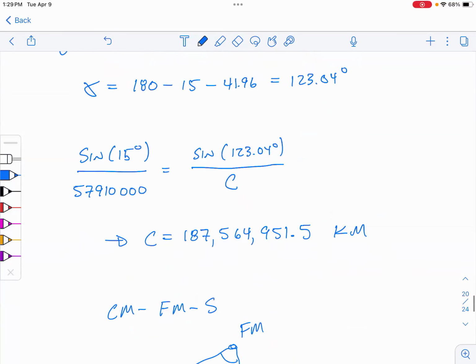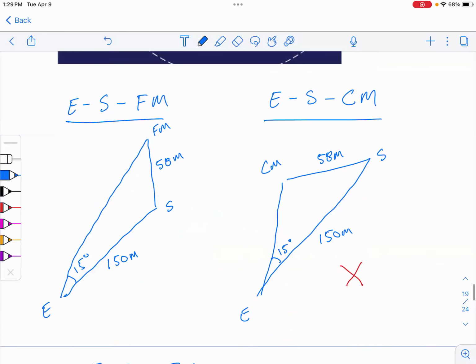And again, what I definitely want to emphasize are things like this. This is where the logic definitely comes in. The rest of it is really a matter of following calculations. But you cannot have two triangles finding different distances with all the same info. And so you got to make sure that you logic that out.